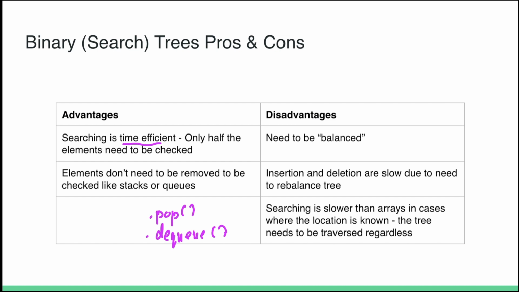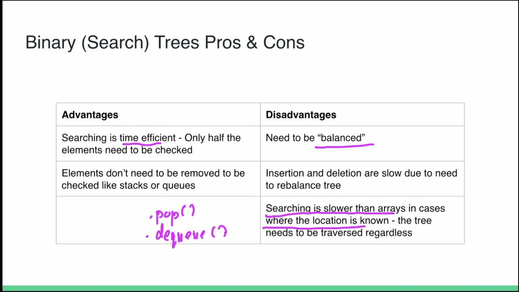The disadvantage is that a binary search tree needs to be balanced. This means that when you delete or insert elements, you need to rebalance that tree to make sure it follows that principle of the higher value being on the right and the lower value being on the left. And this can be computationally intensive and requires some code to do. Also, searching is slower than arrays in cases where the location is known. If you want to find a particular number in an array and you know that it's at index 4, it's pretty fast.